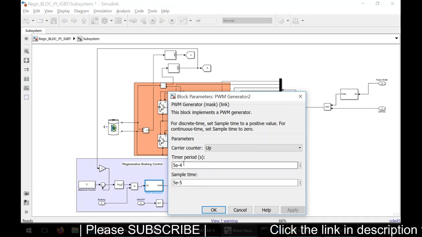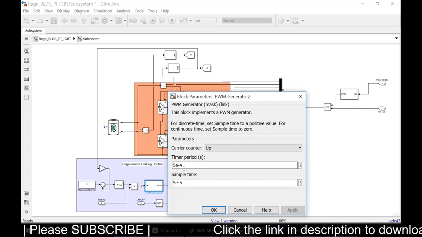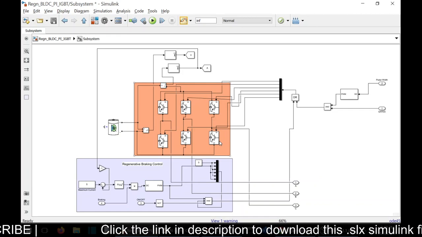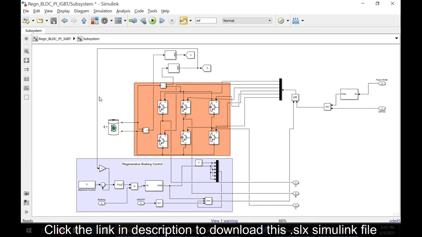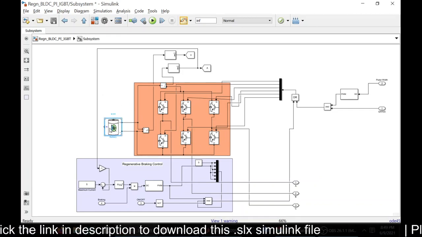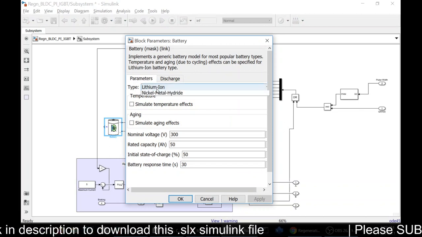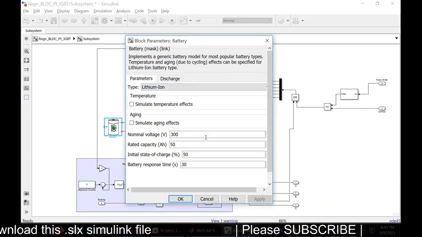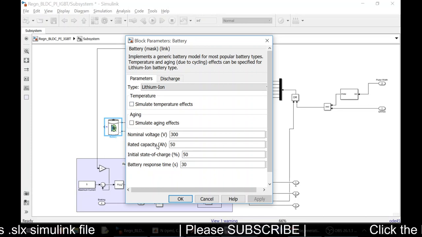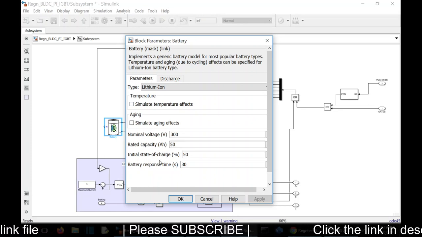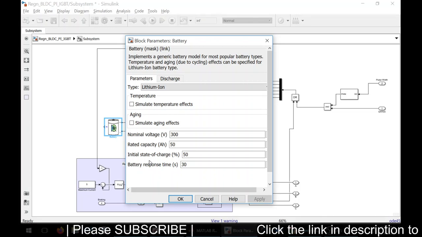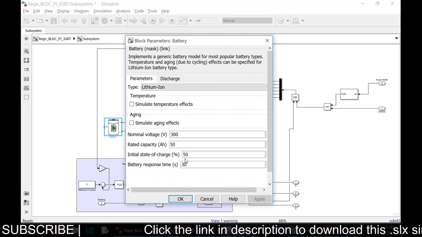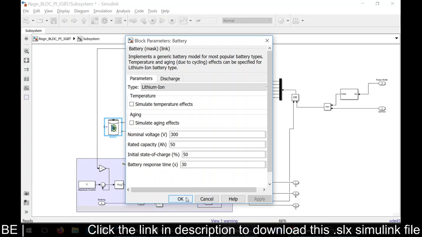So I have chosen the time period of 5e power minus 4, and here we have 6 IGBT based inverter, and I'm using lithium ion battery. You can use any battery, but for our purpose I have used lithium ion battery, and its rated capacity is 50 ampere hour, and I'm assuming the initial state of charge, or SOC, as 50 percentage.